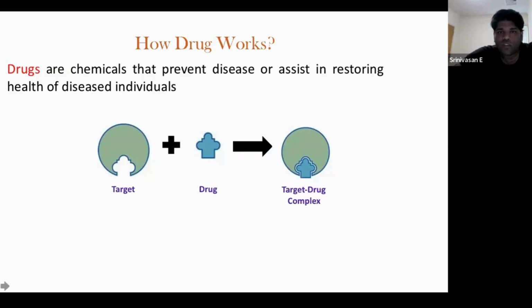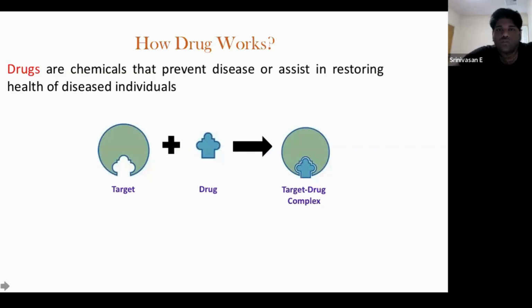The mechanism of action depends on what kind of process you take for the study and what kind of health disorder you wanted to study. So this all depends on your study scenario, but this is the important criterion of how the drug works.